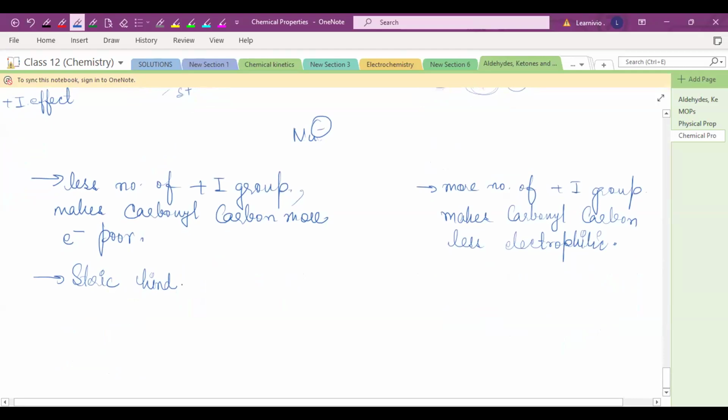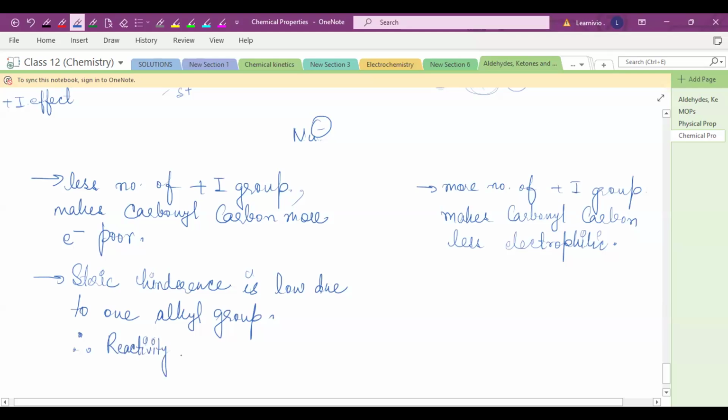The steric hindrance, write down, is low. Why? Due to one alkyl group. So therefore, reactivity is higher.